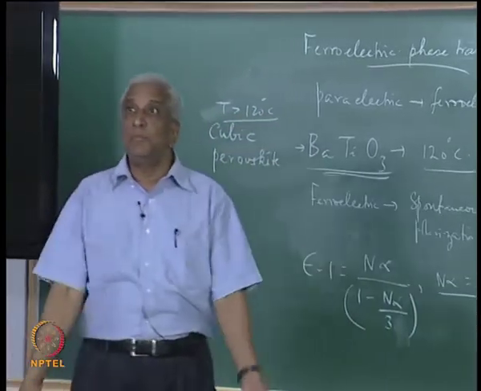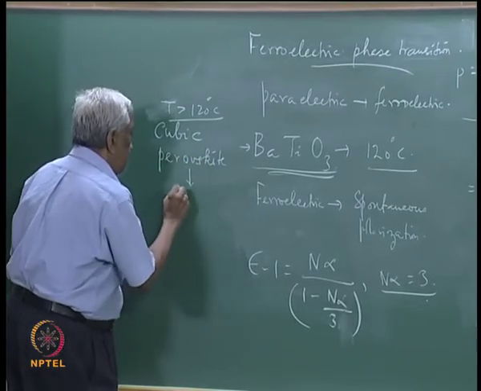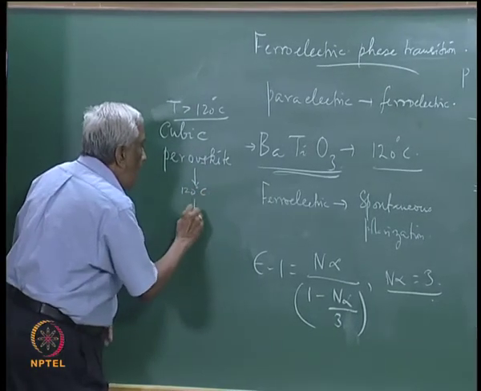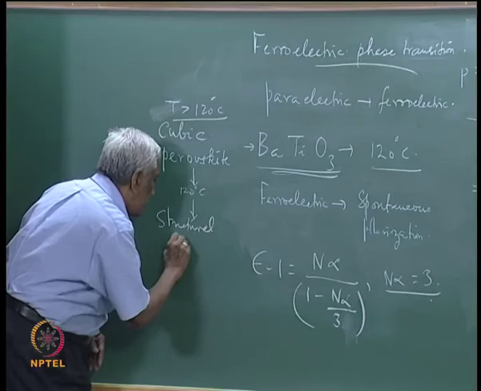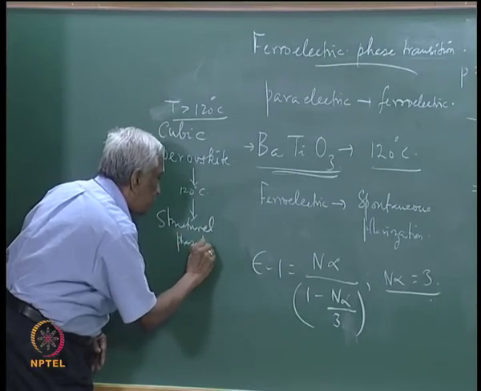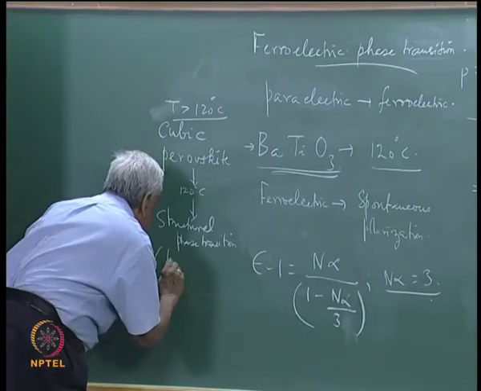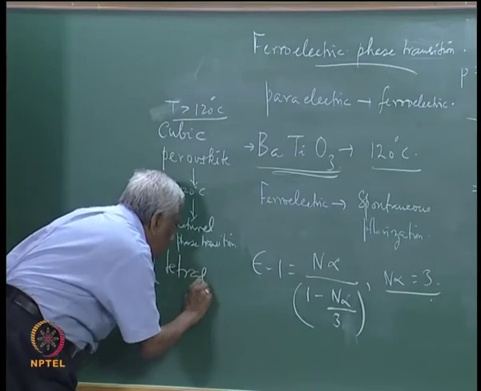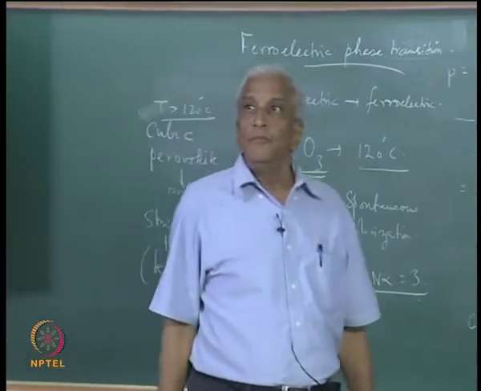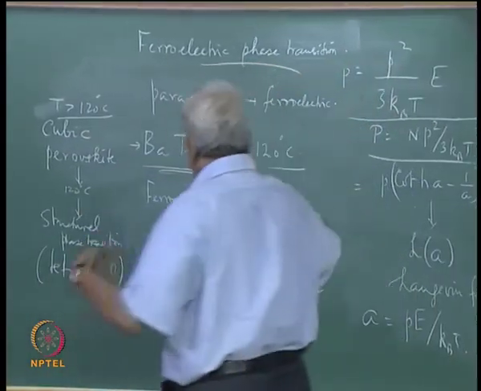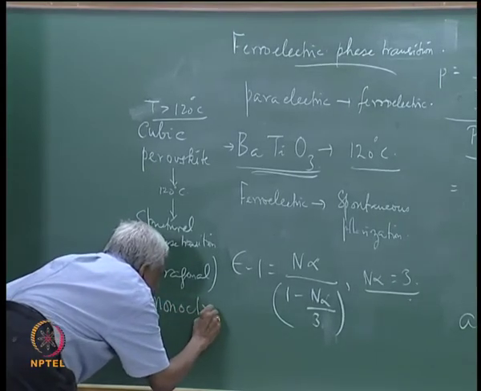Whereas once you cool it below 120 degrees Celsius, there is a structural phase transition. The crystal structure changes along with the ferroelectric phase transition, and this becomes a tetragonal structure below 120 Celsius. And then subsequently it becomes monoclinic and rhombohedral.